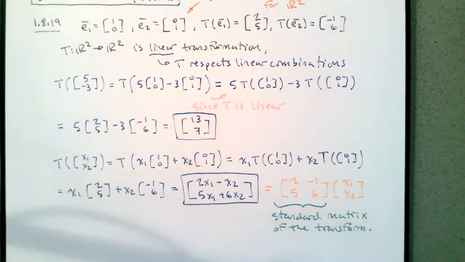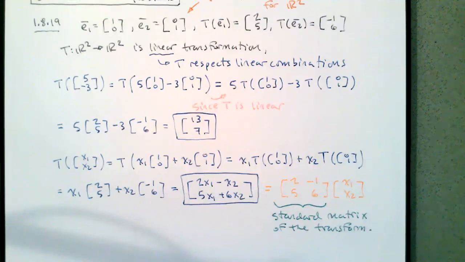So that's the standard matrix of the transformation. When we say the standard matrix of the transformation, we mean the matrix of the transformation relative to the standard basis. So in that way, everything ties to that matrix stuff that we were doing at the beginning.